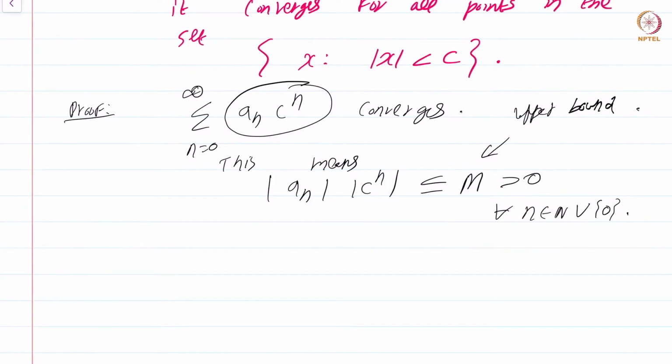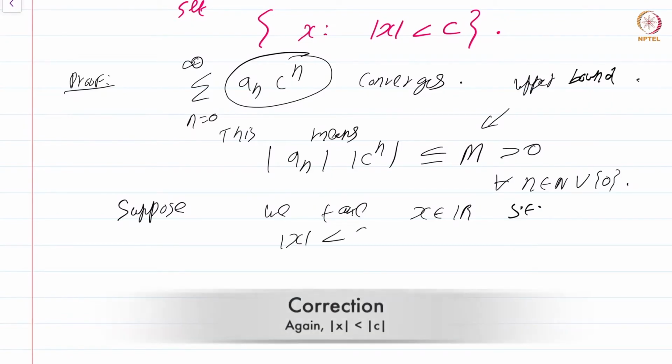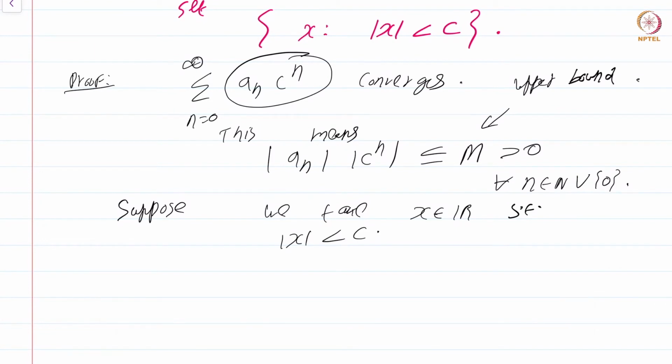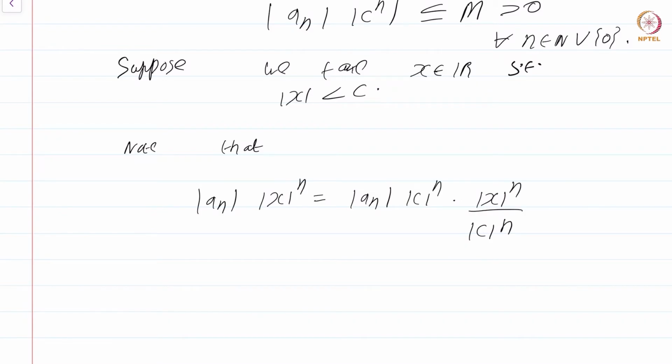Okay, how does this help us? Well, suppose we take X in R such that mod X is less than C. Now note that mod a_n mod X^n is in fact equal to mod a_n mod C^n times mod X^n by mod C^n.